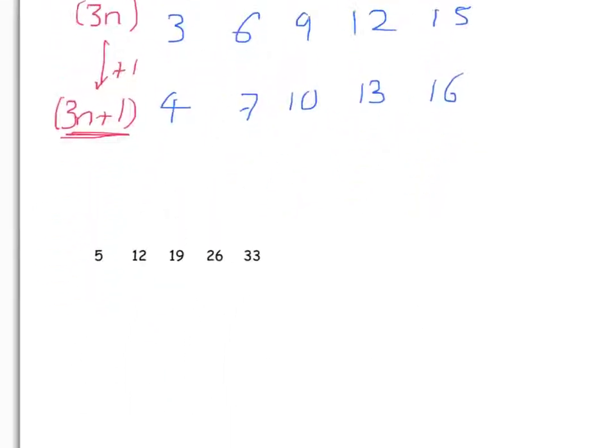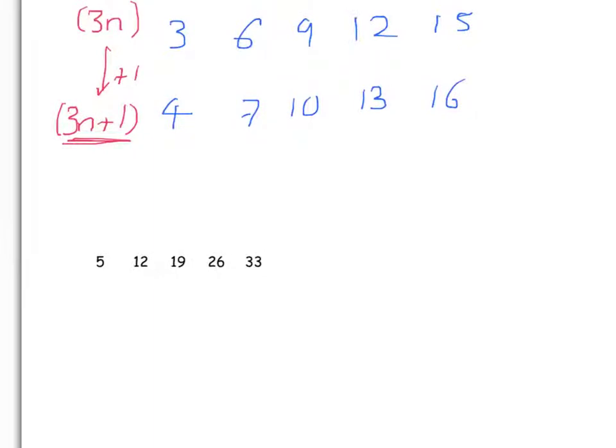3n plus 1. If we look at a second example, 5, 12, 19, 26 and 33, we should notice that this sequence is going up in sevens. And it's going up in sevens, which means we're going to use the 7 times table. So write down your 7 times table.